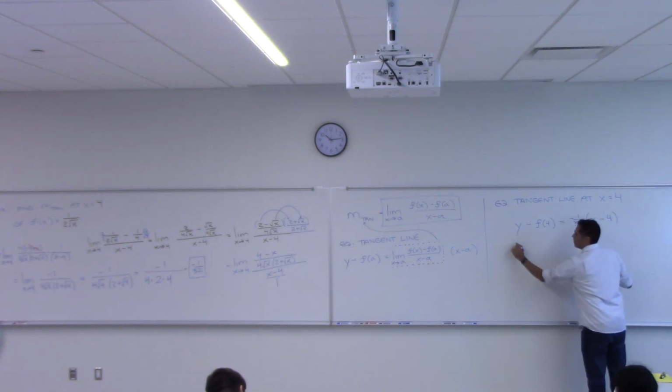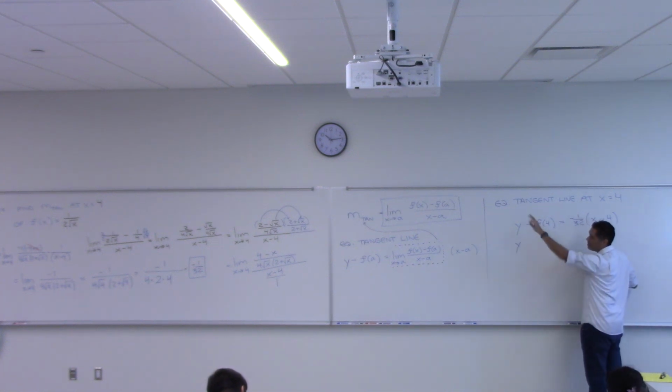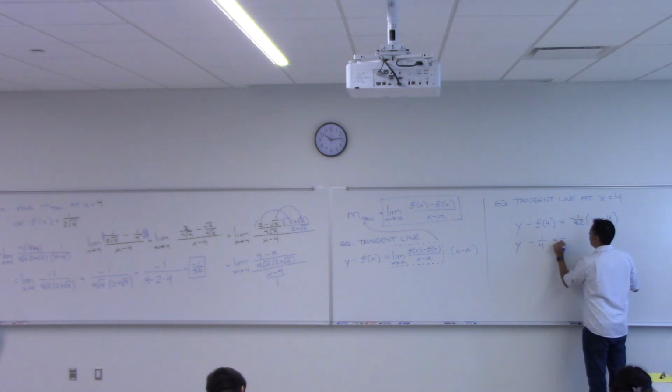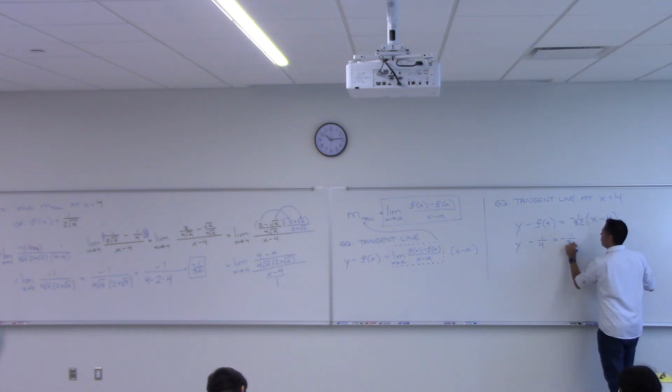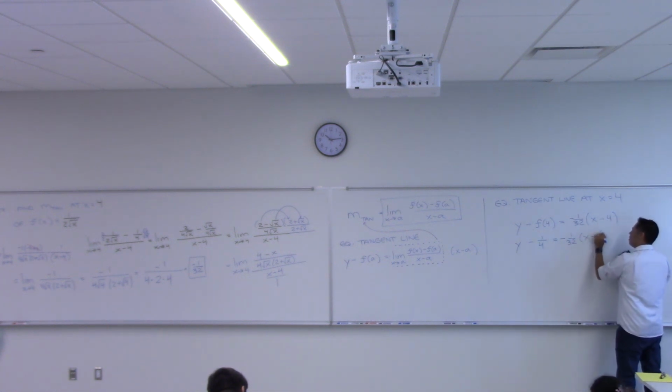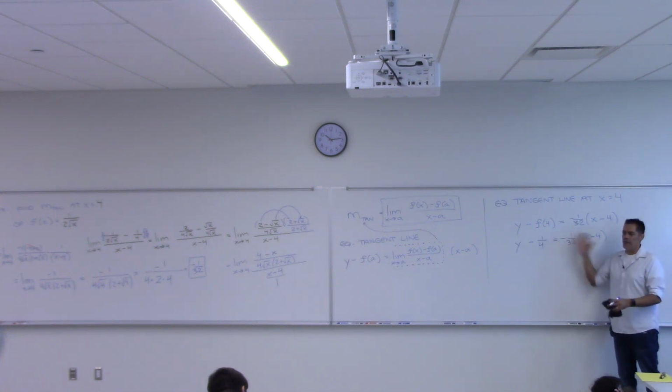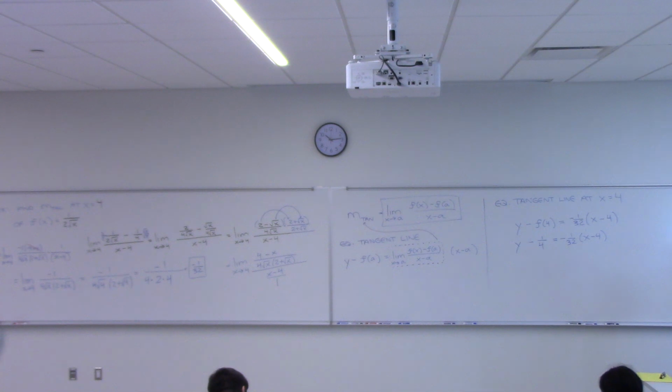And then we could plug into our function the 4, which we did a long time ago, right? When we plugged in 4, didn't we get 1/4? And then negative 1 over 32, and x minus 4. Okay, you could now distribute this through and work with fractions and move everything to one side. I'm not going to do that. I'm just going to put the answer up here.